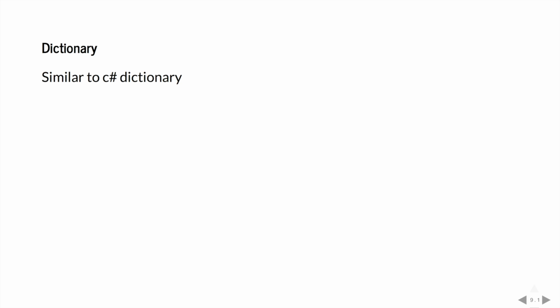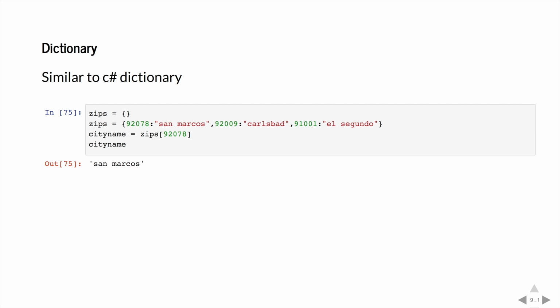So this dictionary is really, really similar to C sharp, and you can do a key value pair. How do you declare a dictionary? Just do curly brackets, and this will initiate an empty dictionary, and then you do a key value if you want to input something like a key and a value. You would do key and a value here.